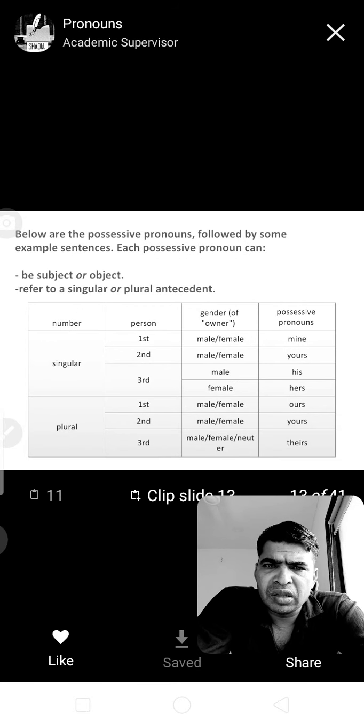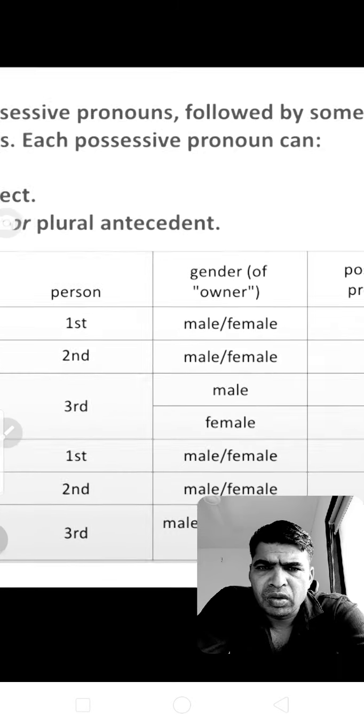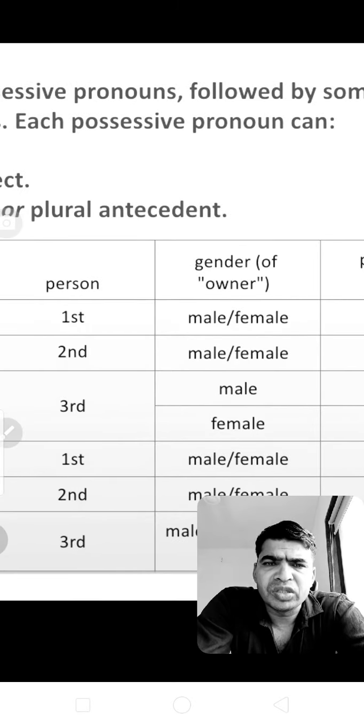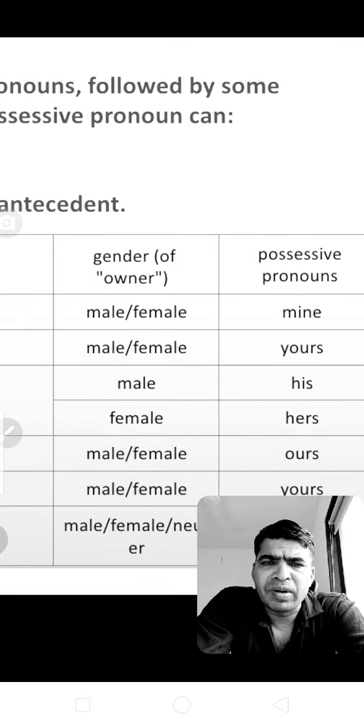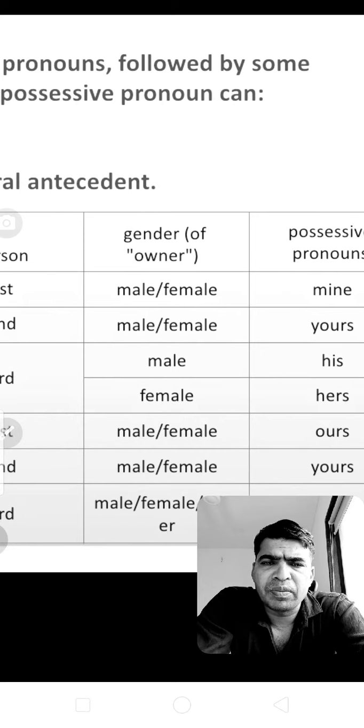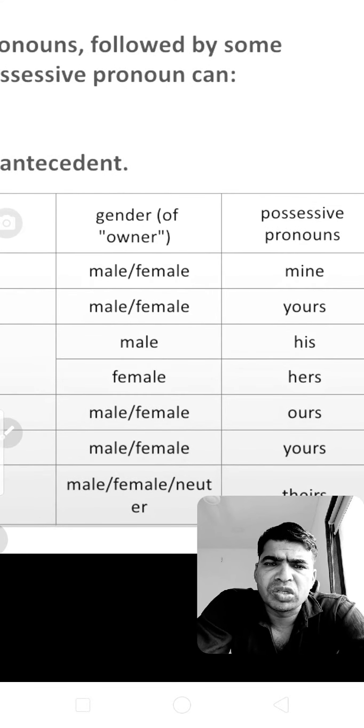Now we will see the possessive pronouns followed by some examples. Singular, first person, gender of owner male or female, possessive pronoun mine. Second person, male or female, yours.